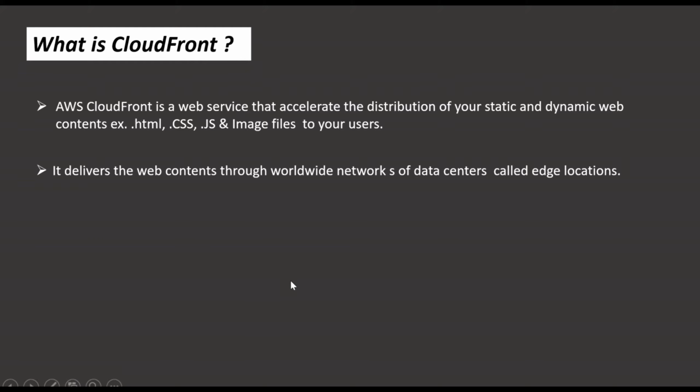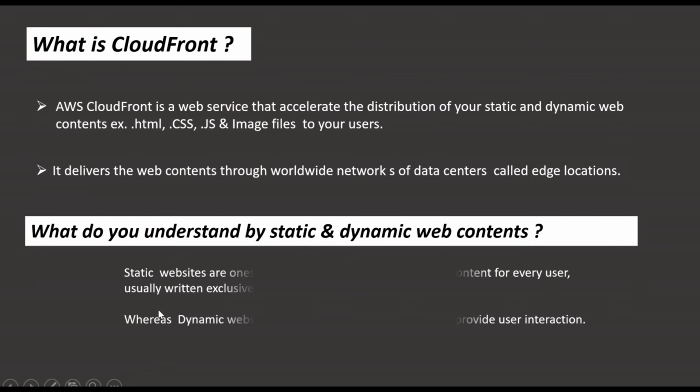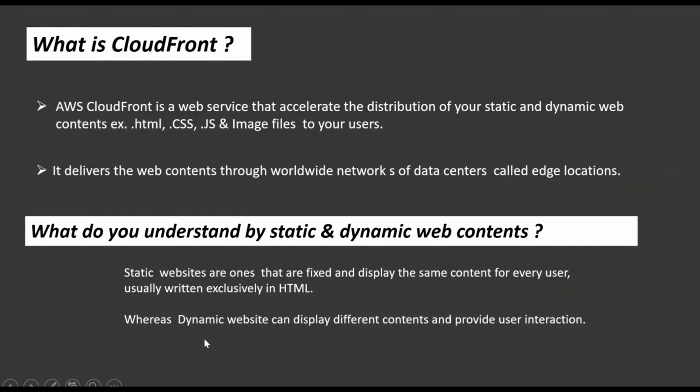Here I mentioned static and dynamic. You might be wondering what that means. Don't worry guys, my answer is ready and it will clear your doubts. What do you understand by static and dynamic web content? Static websites are ones that are fixed and display the same content for every user, usually written exclusively in HTML.